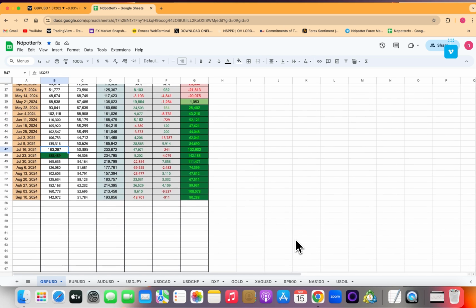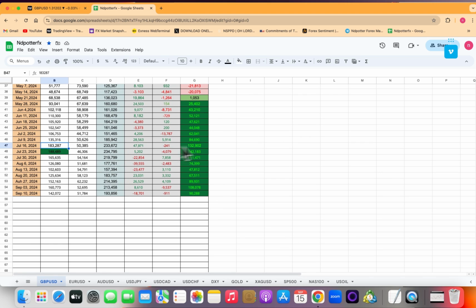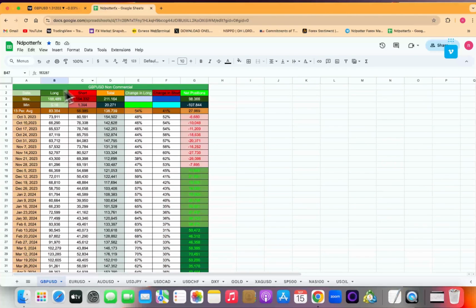Now you can see the previous max out number on GBP USD. The maxed out number currently is 188,000. Their previous was 135,000, which they broke recently, getting a new all-time high on their long position on GBP USD.